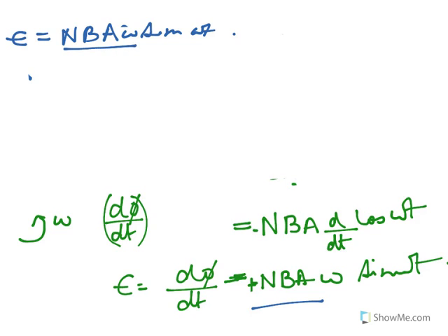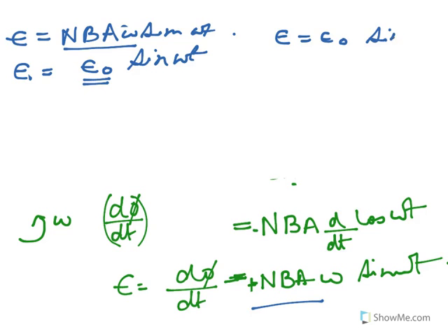So this can be written as induced EMF equal to E0 sin omega t, where E becomes equal to E0 when sin omega t is equal to 1. So this is the maximum value of induced EMF.